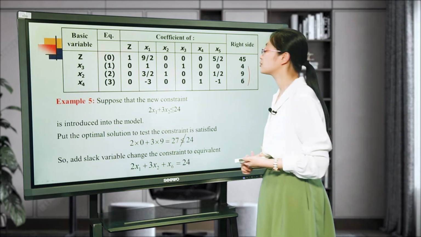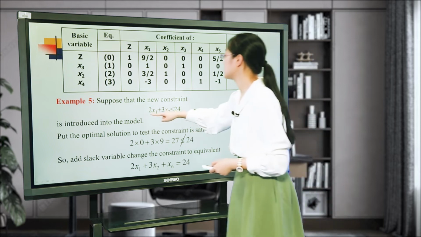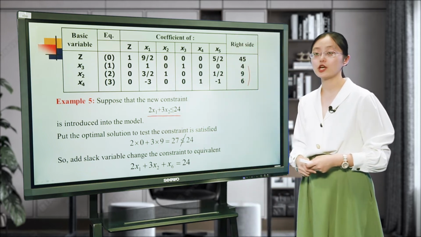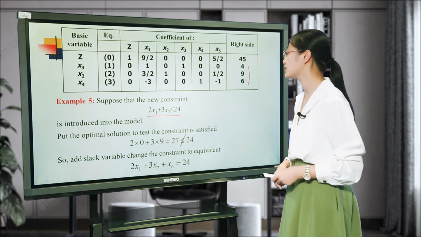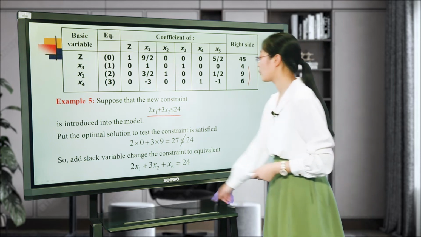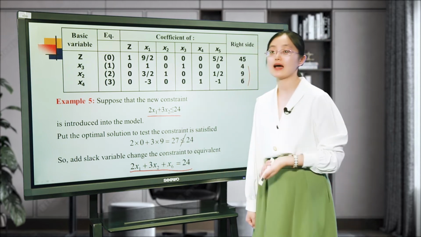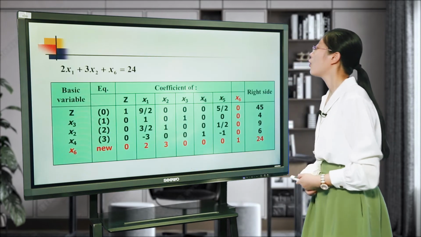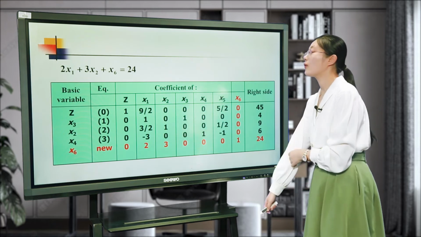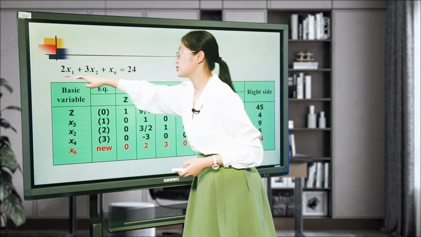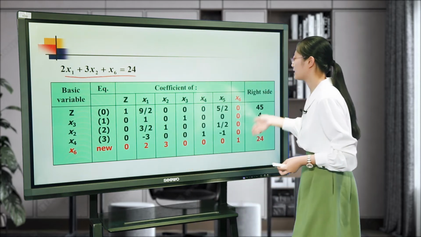In order to do that, since this is a less than or equal to inequality, we first want to change it to the standard form by introducing a slack variable. So we introduce a new variable x6 and have an equation as the new constraint. With this new constraint, all we are going to do is add our constraint directly into the tabular.